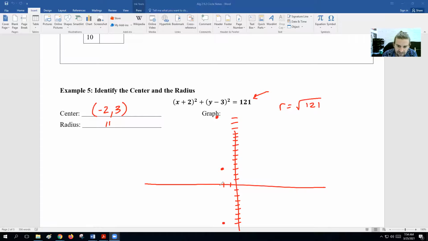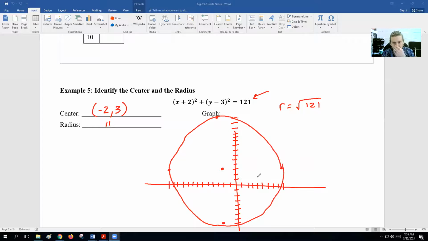Go down 11, left 11, and right 11, counting each the same way. Connect those outside dots with the best circle we can draw.